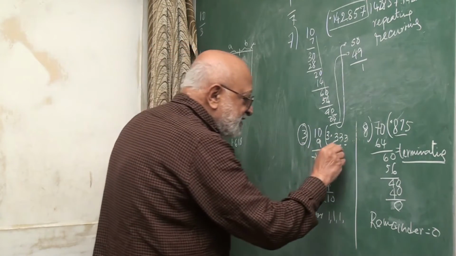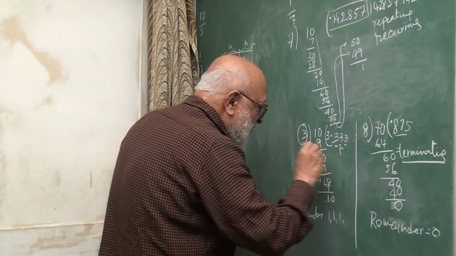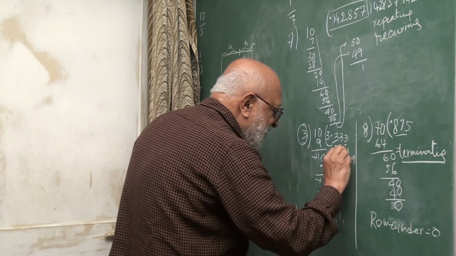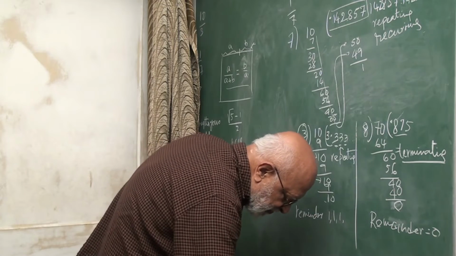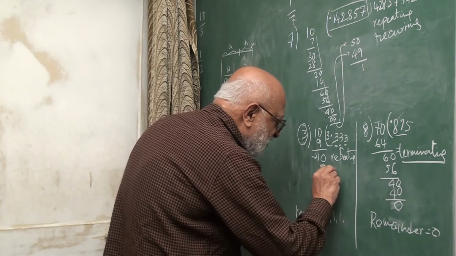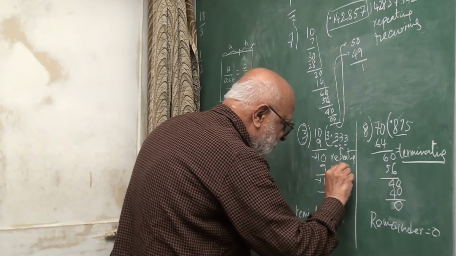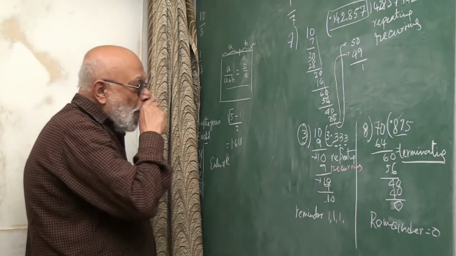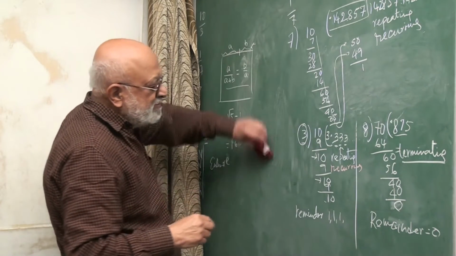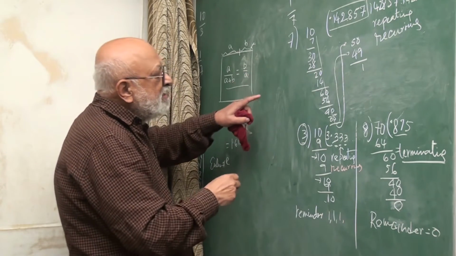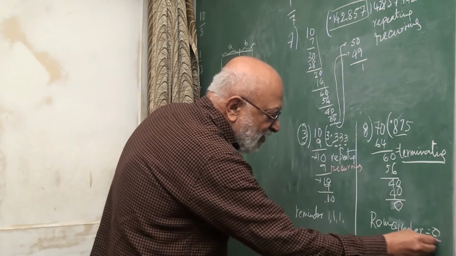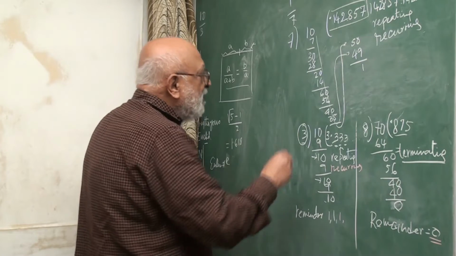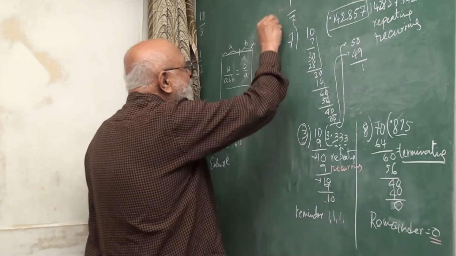Here also this is repeating. This is also repeating, and this is also called recurring. So these fractions, even though they do not terminate, are recurring.